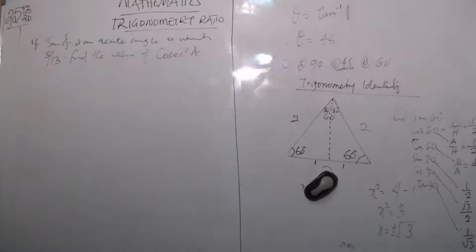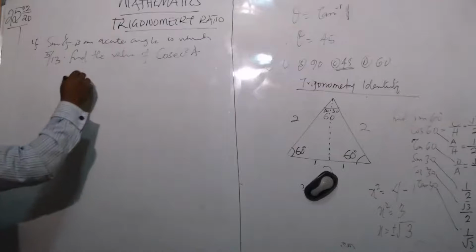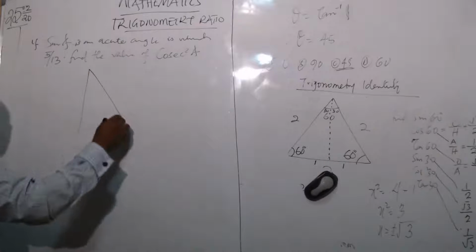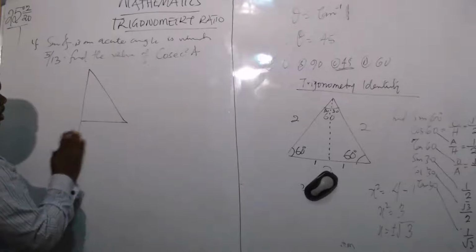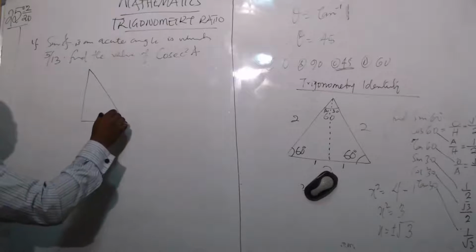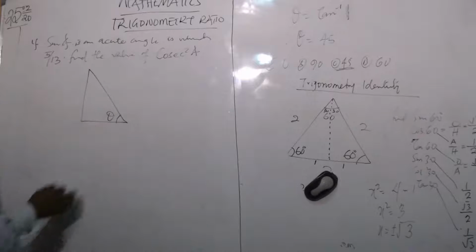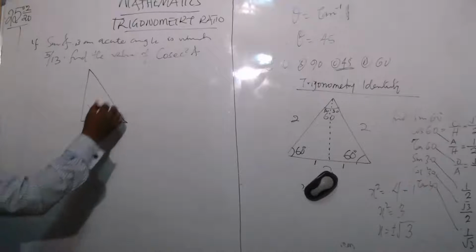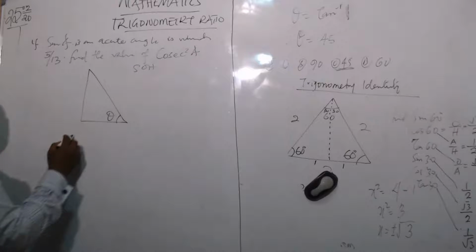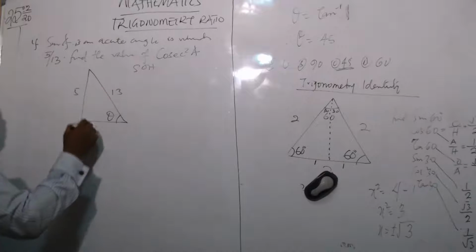Right? Okay, look at this. For me to solve this, we have a triangle like this. Our angle is theta, so sine will take opposite over hypotenuse. That's 5/13.